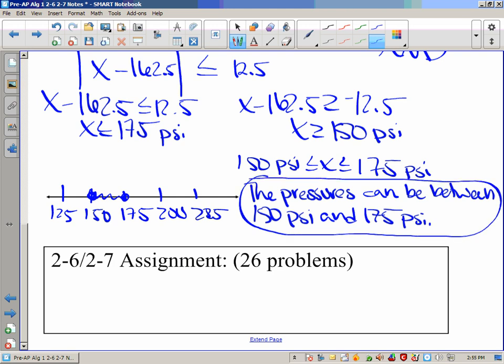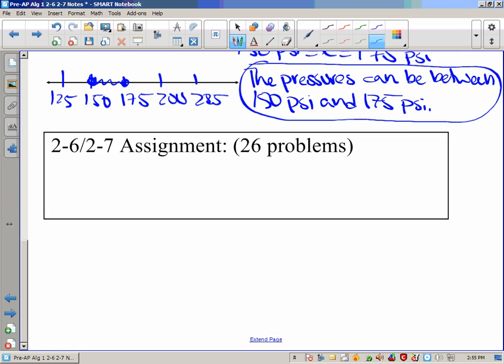So, what we've talked about are compound inequalities and absolute value inequalities. Absolute value inequalities are compound inequalities. Their solutions are and or or compound inequalities. And inequalities are talking about an overlap or an intersection of two solutions. Where are both solutions the same?